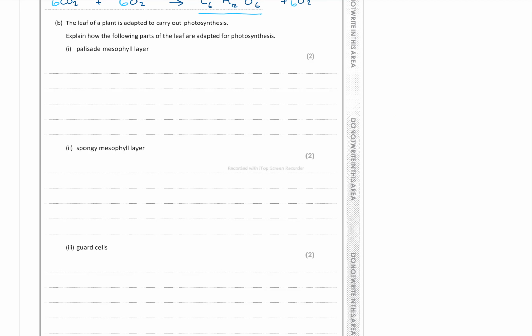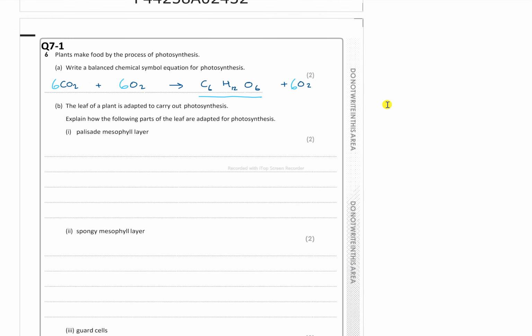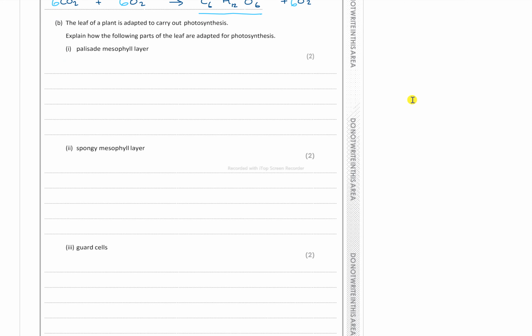Right, now what they've got is the leaf of a plant is adapted to carry out photosynthesis. Explain how the following parts of a leaf are adapted for photosynthesis. So palisade mesophyll layer, right? It's densely packed. That means it has lots of chloroplasts.